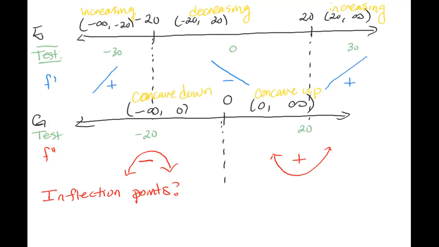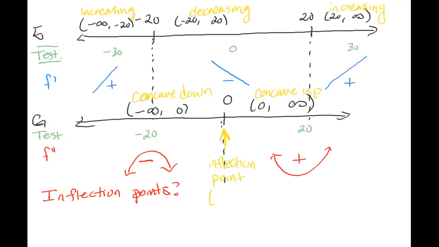It does appear that here is the location where the graph changes from being concave down to concave up. It can only make a change where the second derivative is equal to 0, and that only occurs here. I know it has to change from concave down to concave up at some point, so it must be here. So this must be an inflection point.